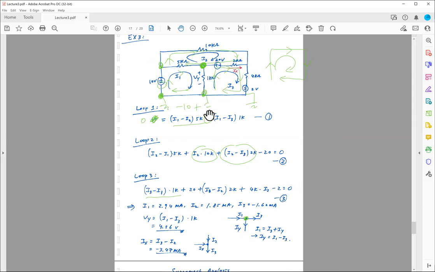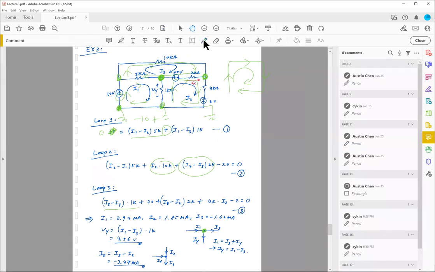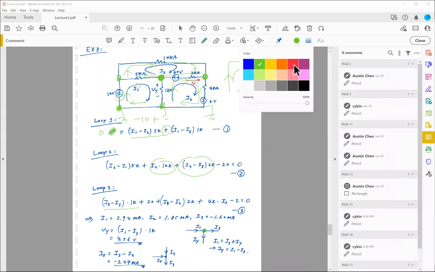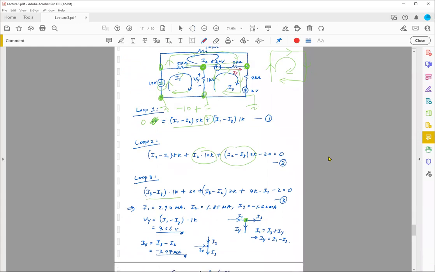Now, similarly for Ix, where's Ix? Ix is the current entering this node. Use red here.